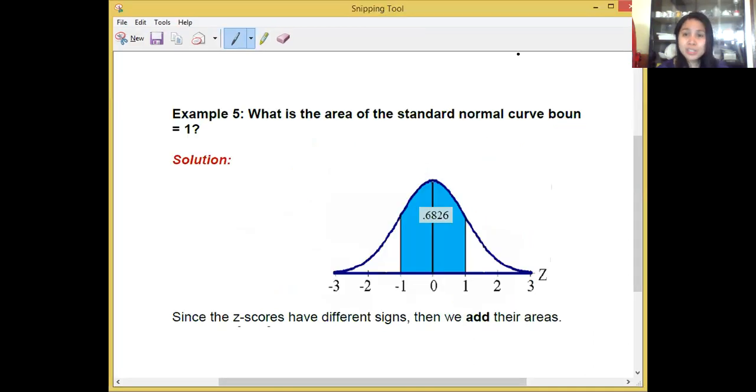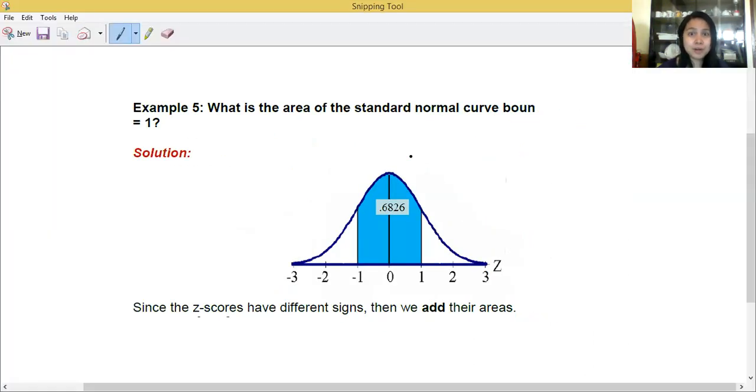Now, we need to find the area from z equals negative 1 to z equals 1. It's from negative to positive, so we will add their areas. Now remember, you need to memorize the areas. These are very common for 1, 2, and 3. For example, the area from 0 to 1 is 0.3413.